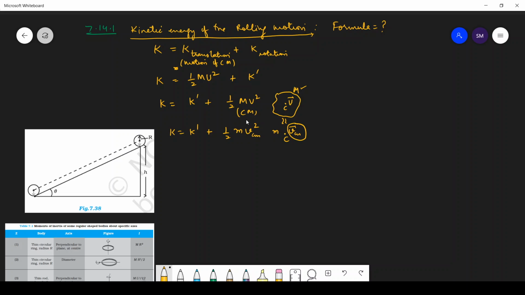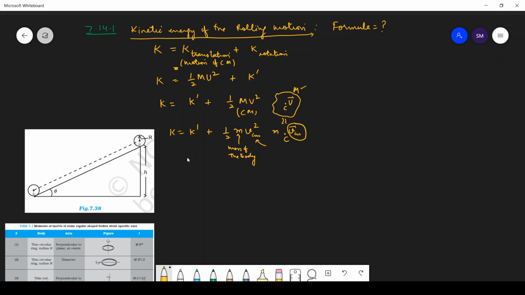So the notation is different, but M is the mass of the body, because we are considering it as a point mass. The whole mass of the body is concentrated at this point, and this V CM is the center of mass velocity, the velocity of this particle.